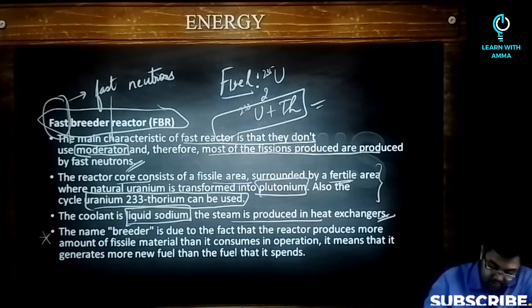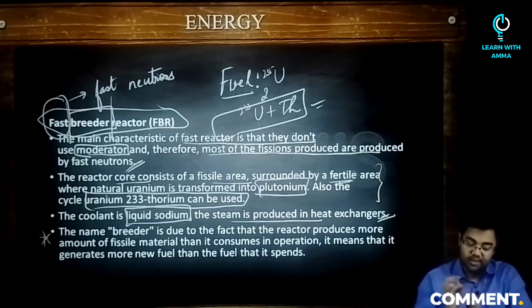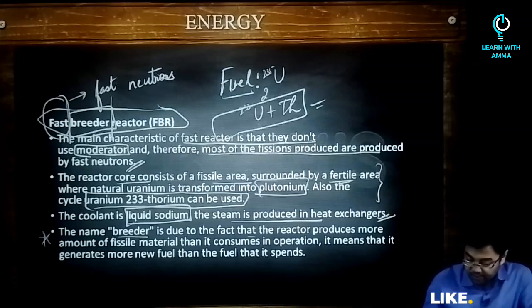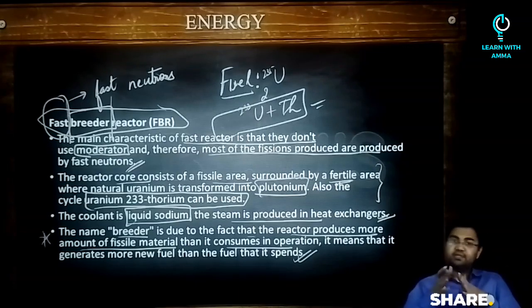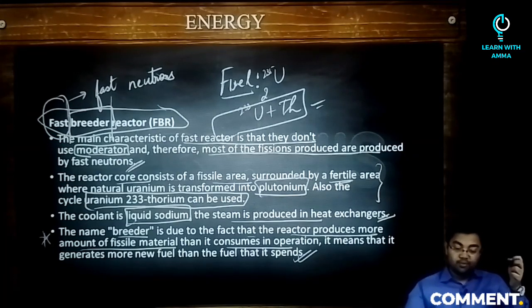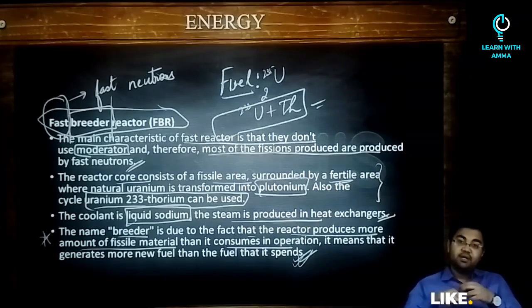Now the next part, why breeder? One is fast, one is breeder. The name breeder is due to the fact that the reactor produces more fissile material than it consumes in operation. It means that it generates more fuel than it spends. That's why fast breeder reactors are so important.